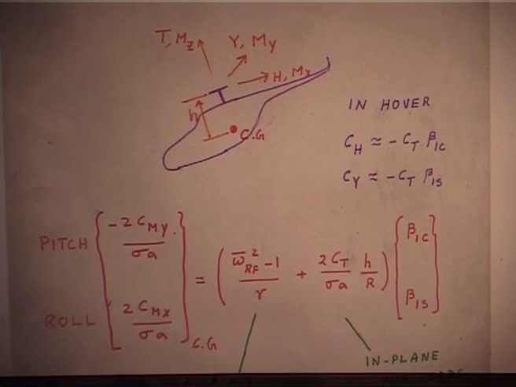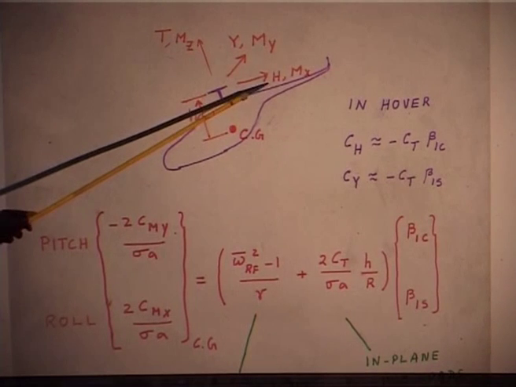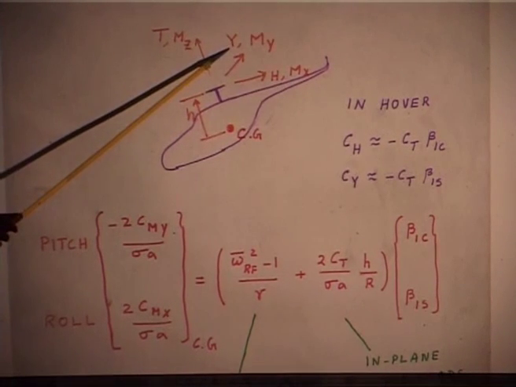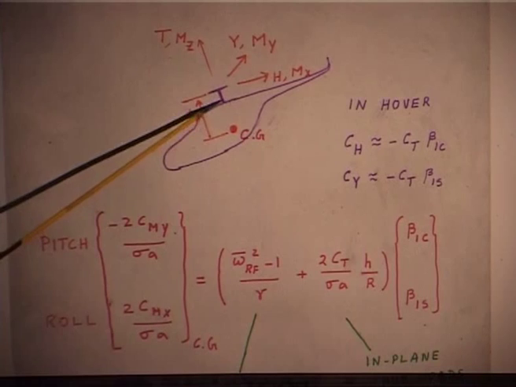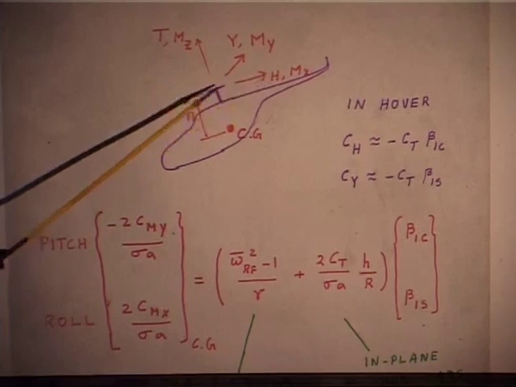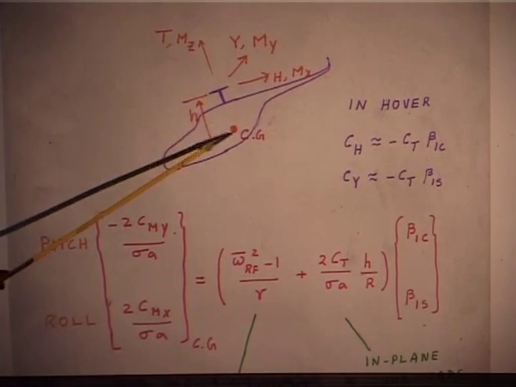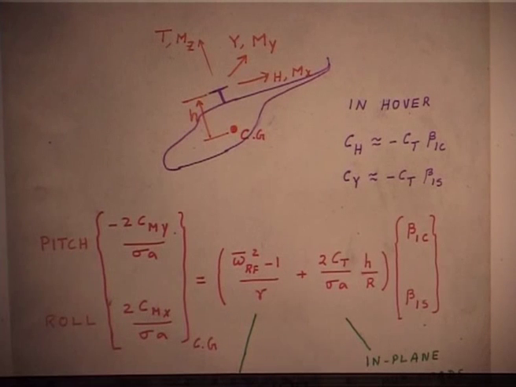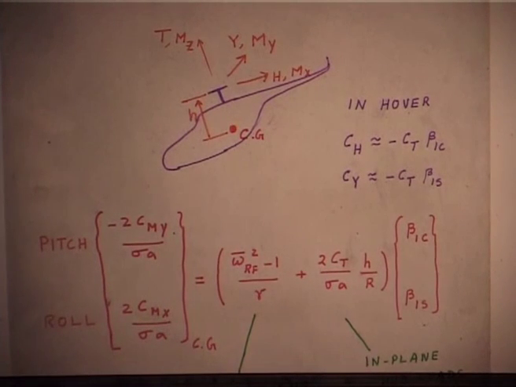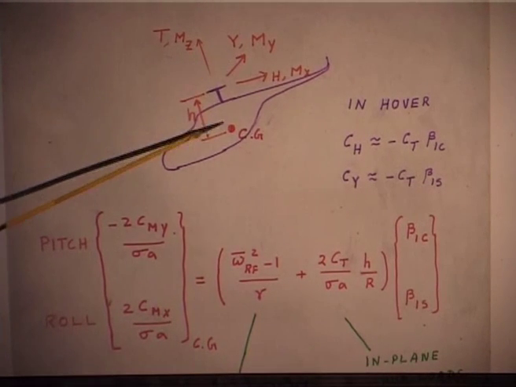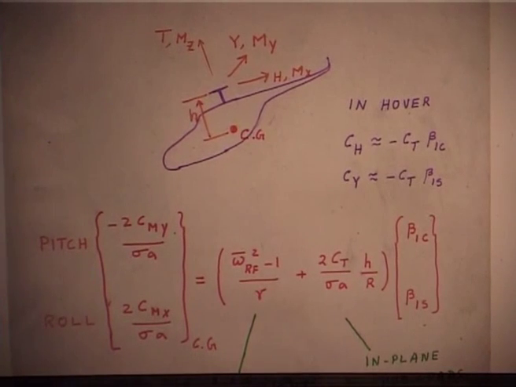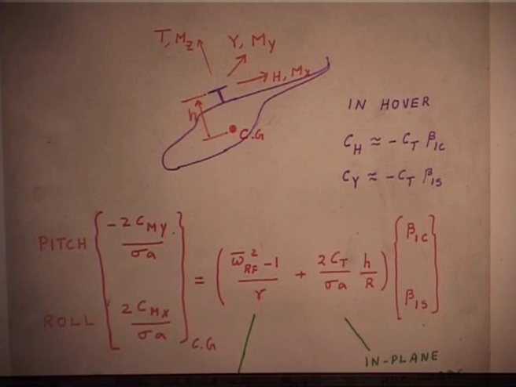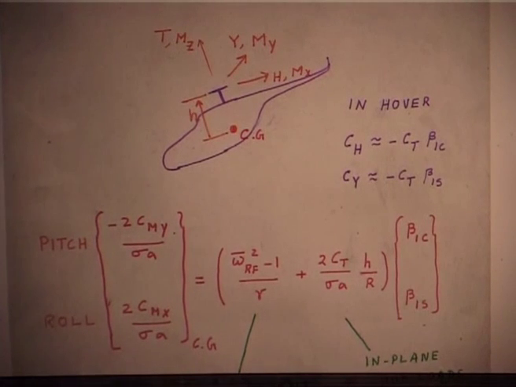But what will give me moment is the H and the Y, side force and the longitudinal force. Side force capital H into this height will give me a pitching moment. Similarly, the Y force onto this height will give me a roll moment. So, at the fuselage CG, I generate moment due to two sources, one direct moment, another one due to the forces.